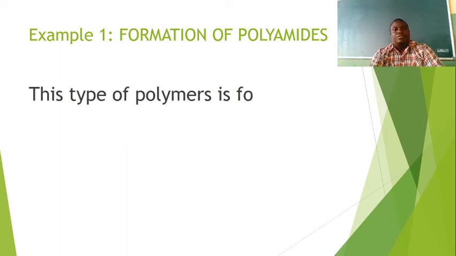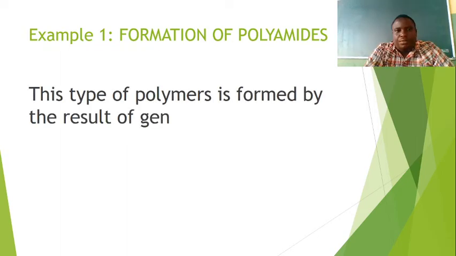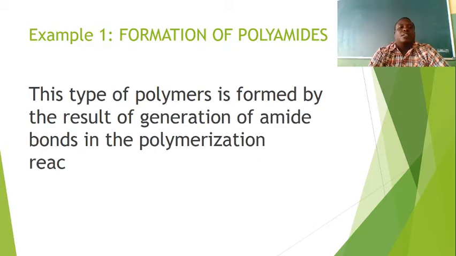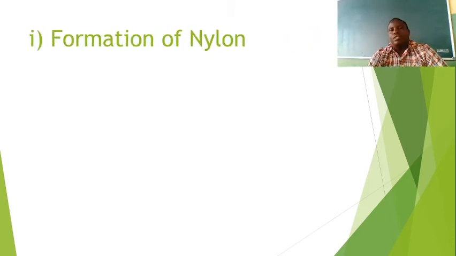So let's start with the formation of polyamides. This type of polymer is formed by the generation of an amide bond in the polymerization reaction. It means that we search for a way that will form an amide bond in our polymerization reaction. So how does this happen? Let's start with the formation of nylon. As I have told you, nylon will be a good example to explain this formation of amide bond.